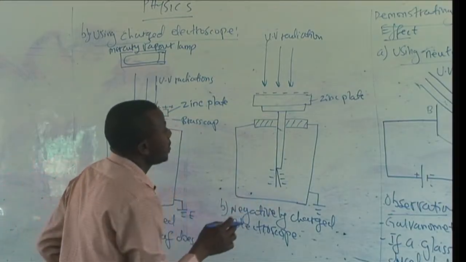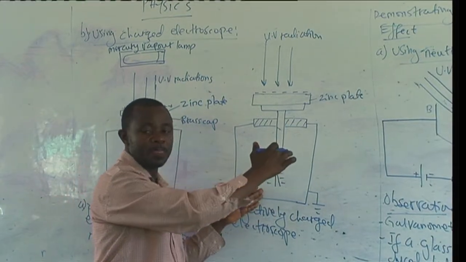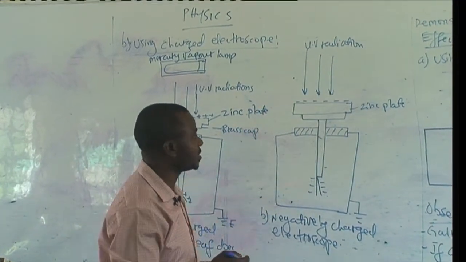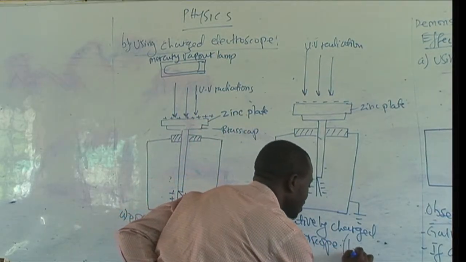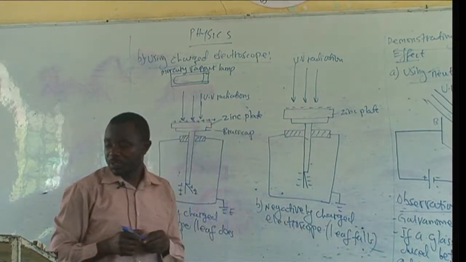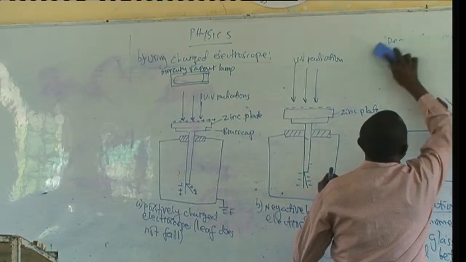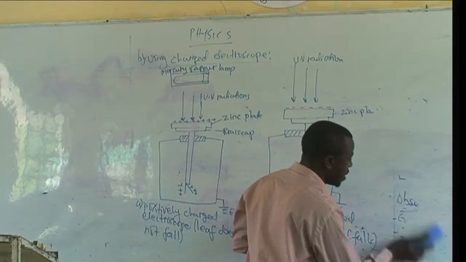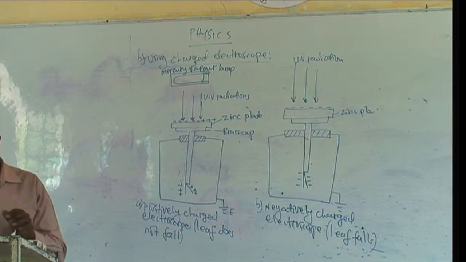But here, it was initially charged, so there was leaf divergence, but after the photoelectric emission has taken place, the leaf now falls. So we want to know why the leaf remains the same when using a positively charged electroscope and falls when we are using a negatively charged electroscope.